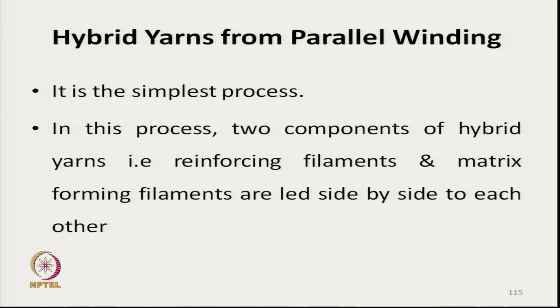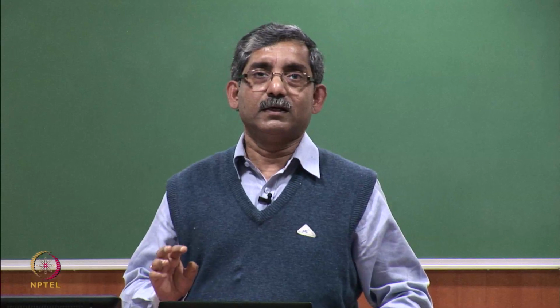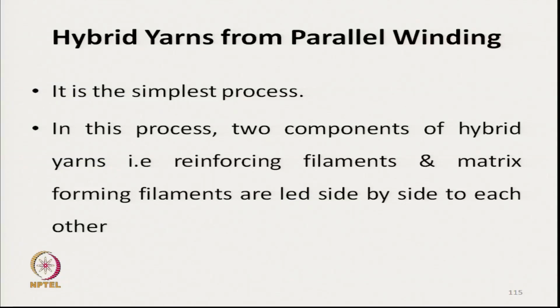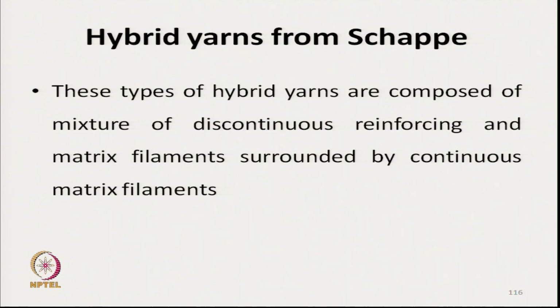Two components of hybrid yarns, that is reinforcing filament and matrix forming filaments, are laid side by side and wound in parallel form. But here the problem is the penetration in between the multifilaments of the reinforcing fiber, so it is difficult.